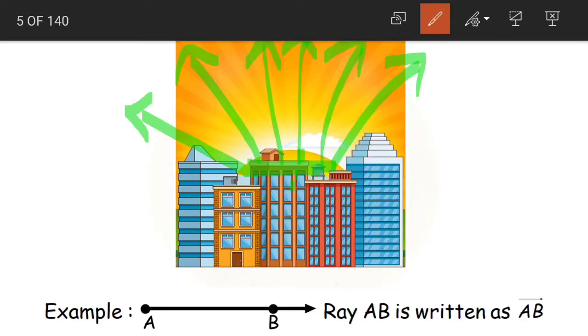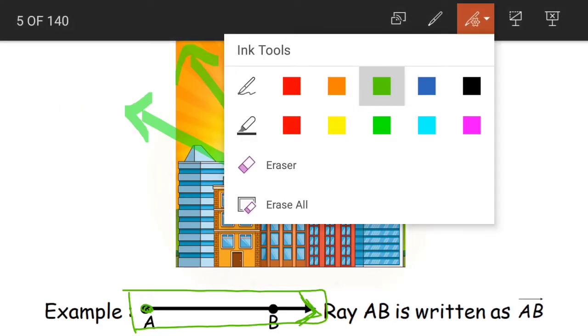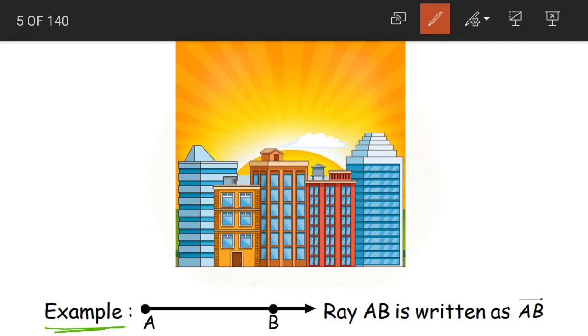What is a ray here now? See, this is an example of a ray. It has an endpoint A and it can extend indefinitely on the other end. It has an endpoint on one side and extends indefinitely on the other side. And how do we denote a ray, children?